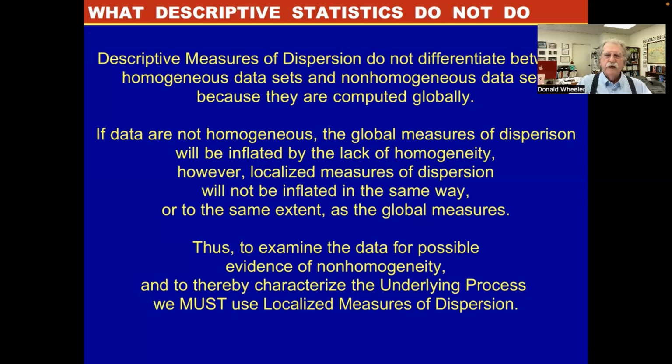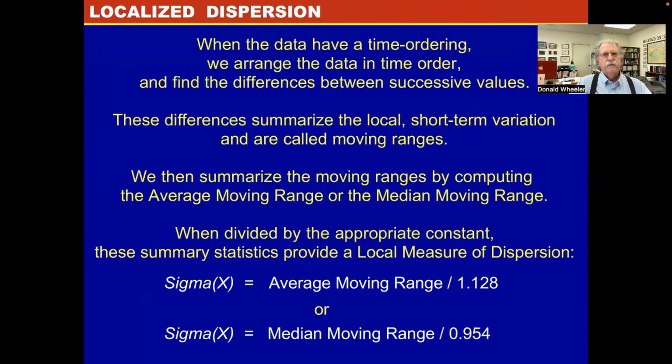So to examine the data for possible evidence of non-homogeneity and to thereby characterize the underlying process, we must use localized measures of dispersion.